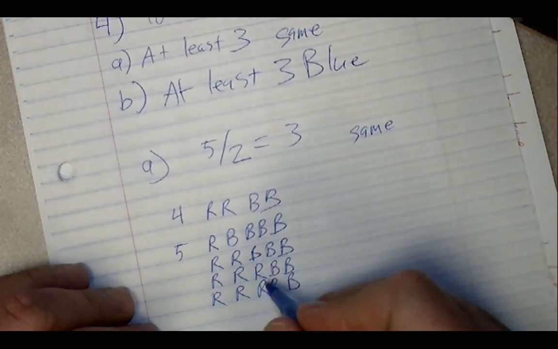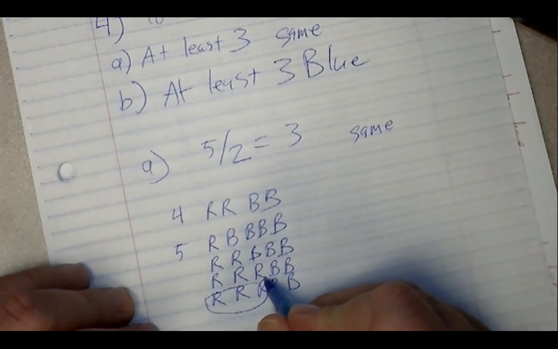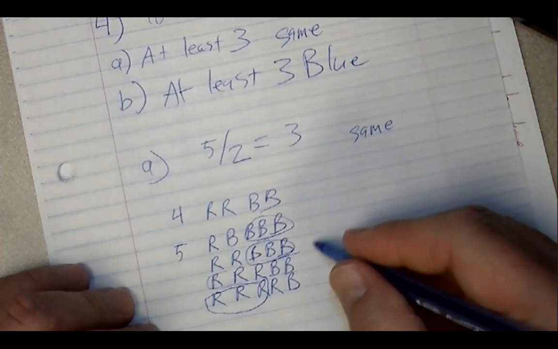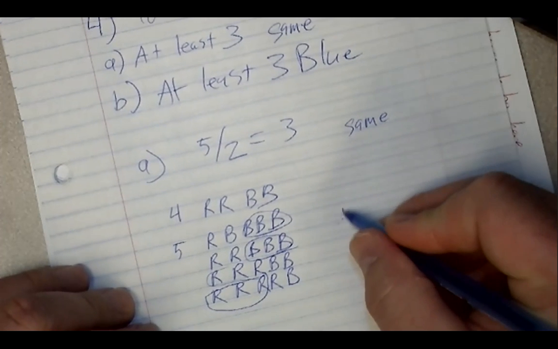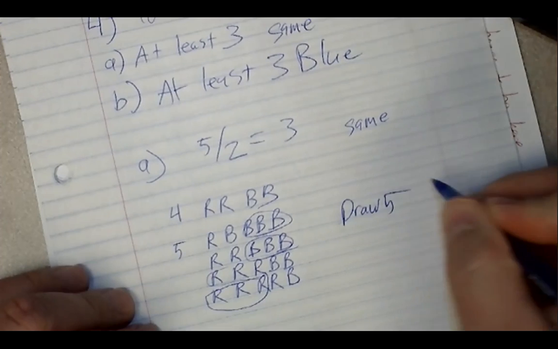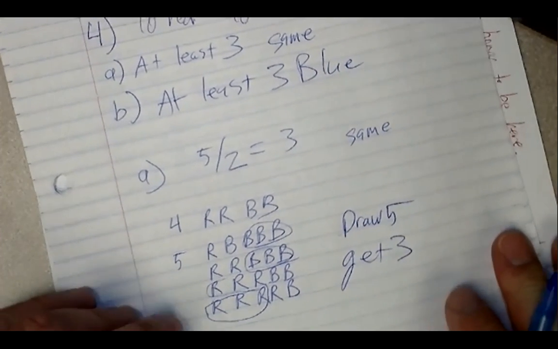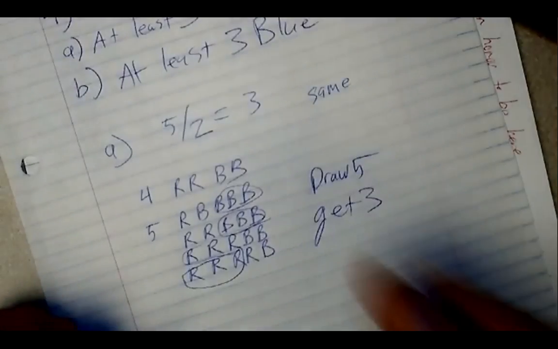But notice how there's at least 3 of this flavor, 3 of this flavor, 3 of this flavor, 3 of this flavor. So basically, draw 5, get 3.